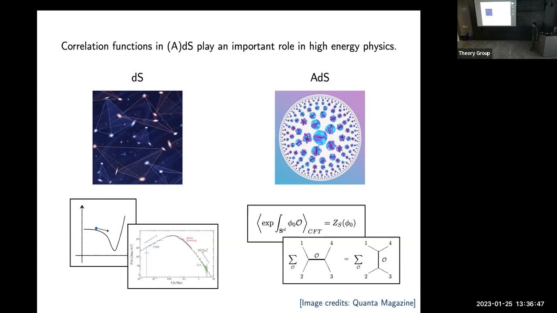In this picture, you can think of gravity theory in the bulk ADS spacetime as being dual to some conformal field theory living on the boundary in one less dimension, which allows us to understand the dynamics of an ADS field theory in terms of correlation functions that live on the boundary of this spacetime. In particular, recent development of the conformal bootstrap program has been very useful for both computing and understanding these conformal correlation functions.